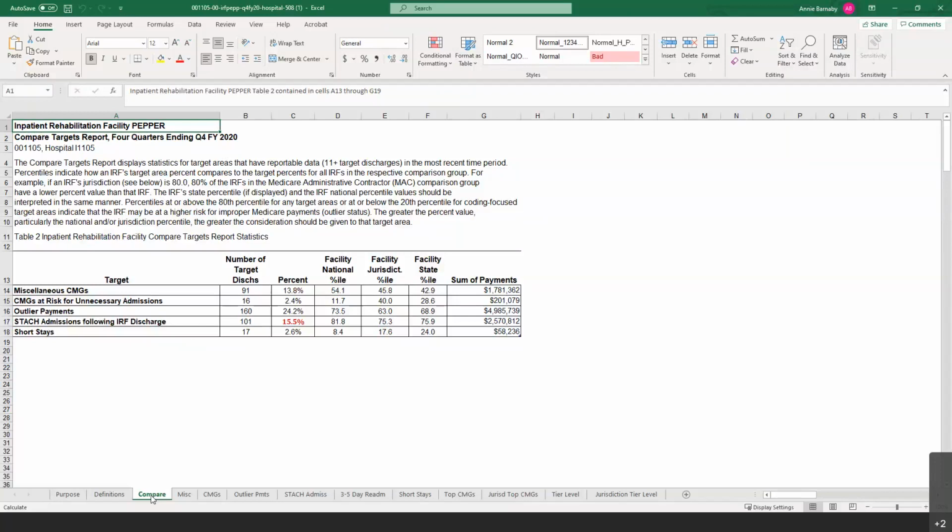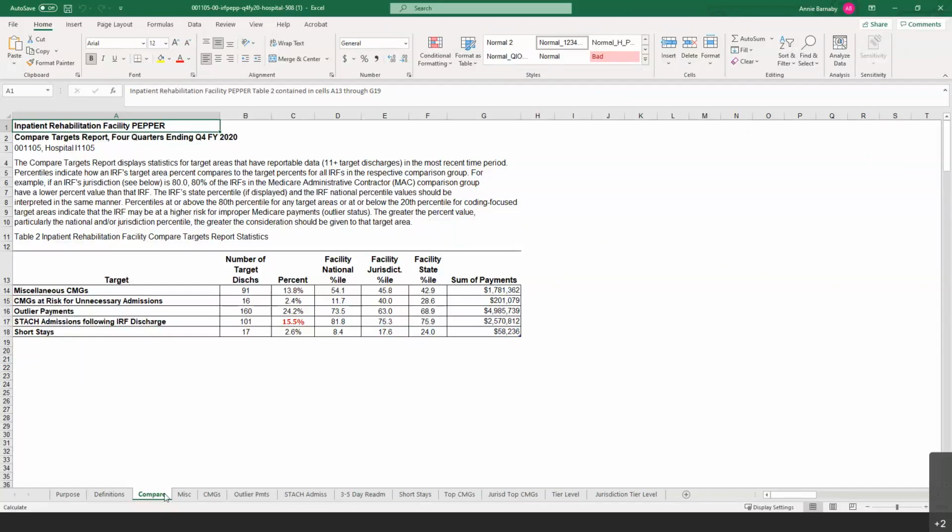That facility national percentile was at 81.8. The jurisdiction, 75.3, the state, 75.9. So those are, again, the outcomes where this facility fell on that ladder, whichever rung those belonged to, and wherever those fell on that ladder, that was above that 80th percentile line that we draw across those outcomes.